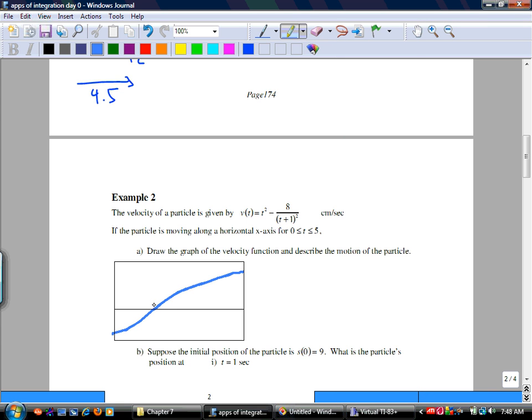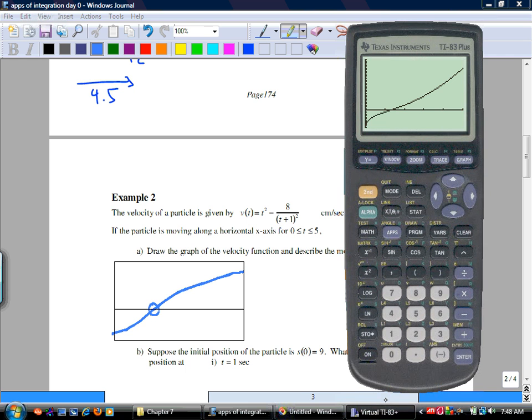So I want to know that coordinate. I'm lazy, I don't want to do it algebraically.